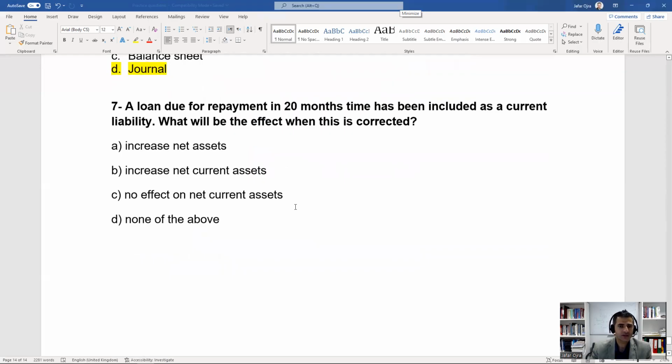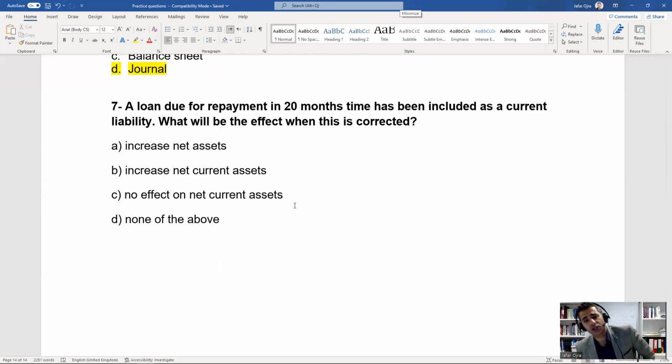A loan due for repayment in 20 months, so after 20 months we'll repay the loan, has been included as a current liability. What will be the effect when this is corrected?